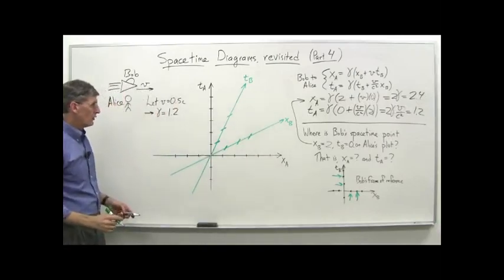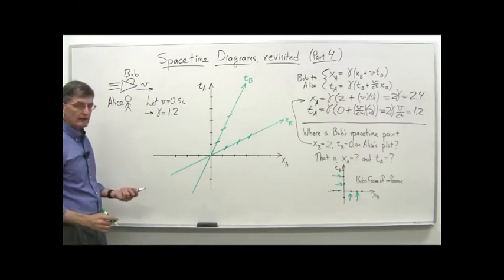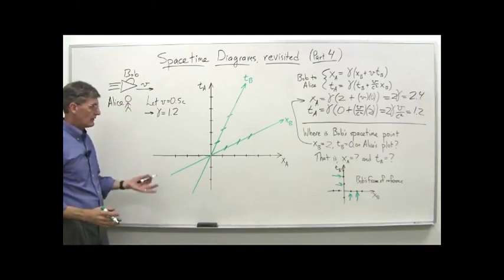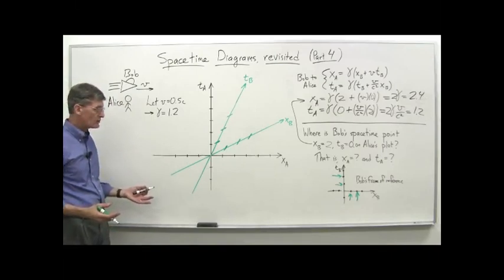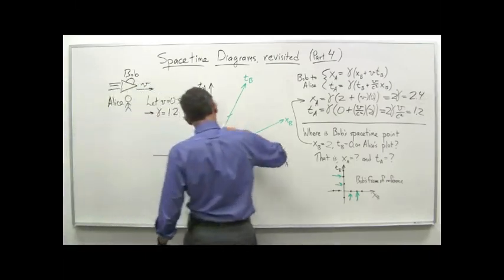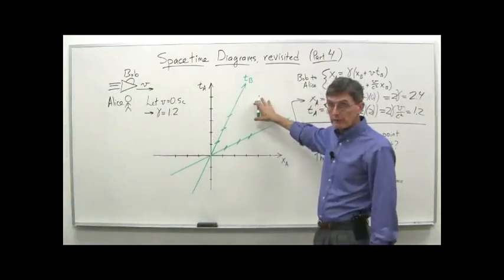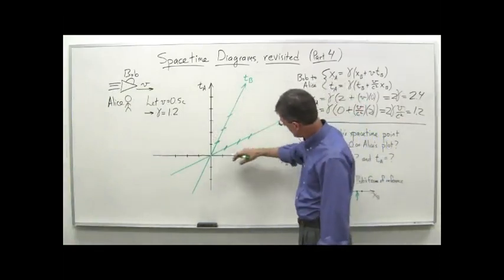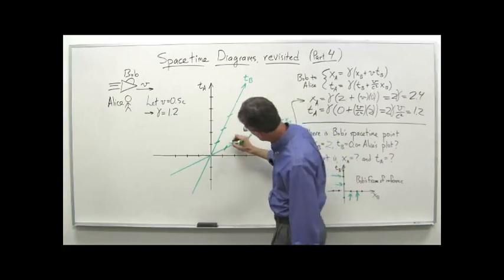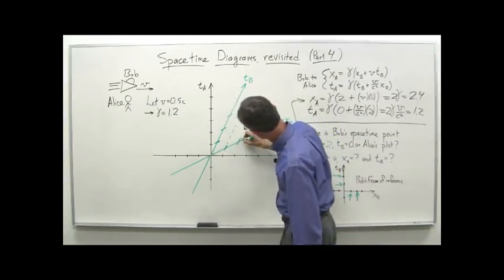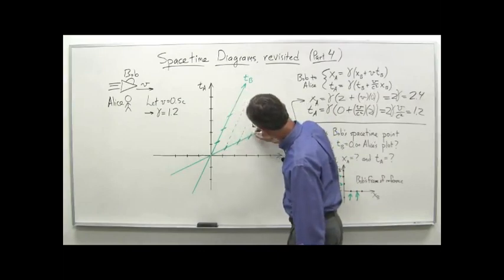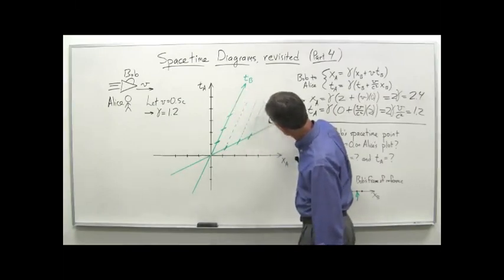Okay. Now, what that means here is there are lines of simultaneity and lines of same location in terms of Bob's axes here. And so again, they're parallel to the t sub b axis, so they would be roughly like that, like that, like that.